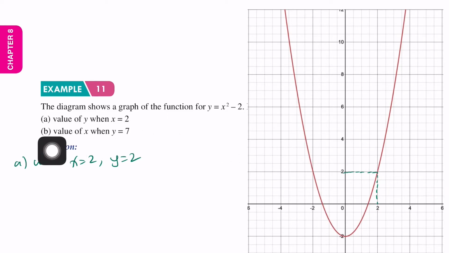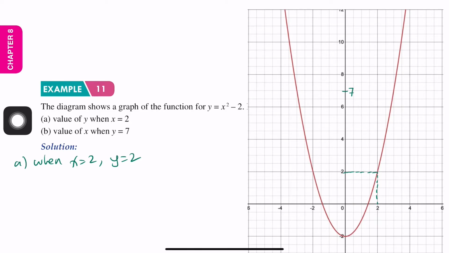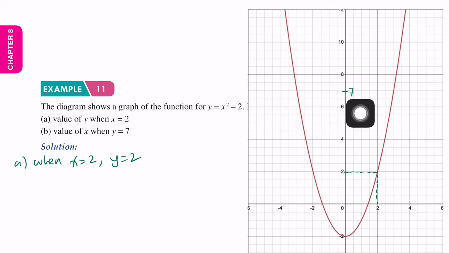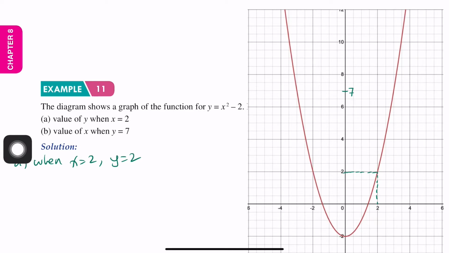Next, value of x when y equals 7. Let's find where y equals 7. Over here, this is y equals 7. But let's look over here. For y equals 7, there are two sides of the graph. You have the graph on the left side and on the right side. So you need to do both sides. Let's do it on the right first.